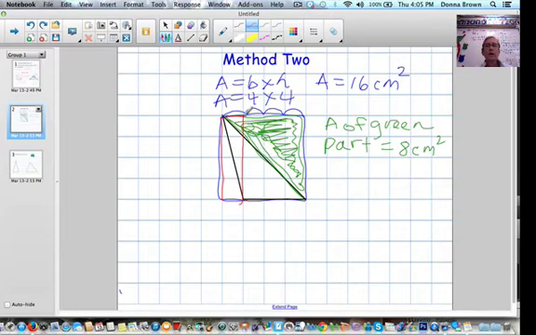And that would be, you can see this is just 1 times 4. So 1 times 4 is 4 square centimeters. So we're going to split that in half so we can calculate this part right here. There we go. So the area of the red part is equal to 2 square centimeters.